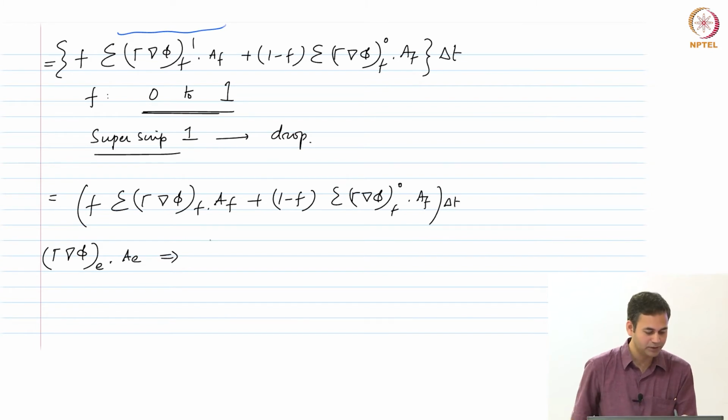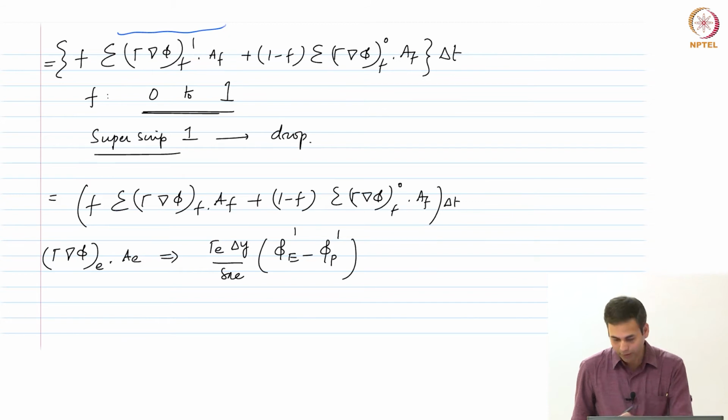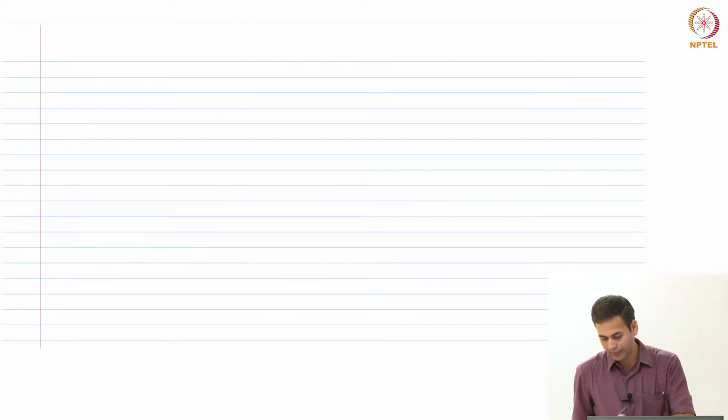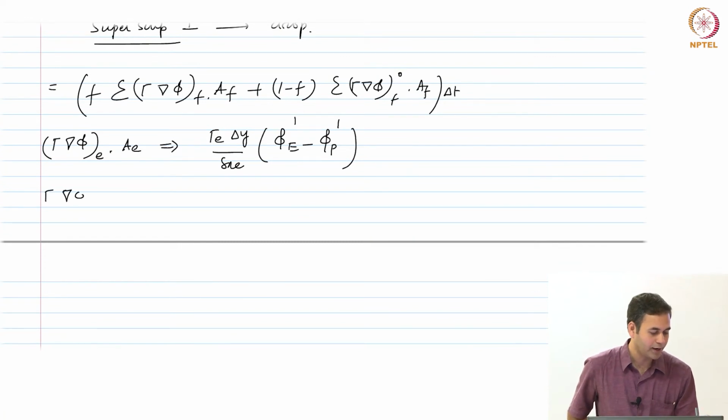This will be gamma east, A east is delta y, times delta x e, times phi east minus phi p. These are all evaluated at 1, which we are not writing. Now, what about gamma grad phi 0 dot A e?